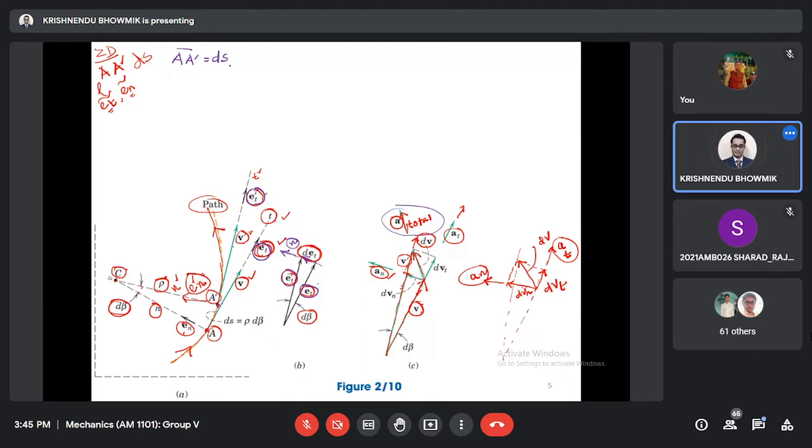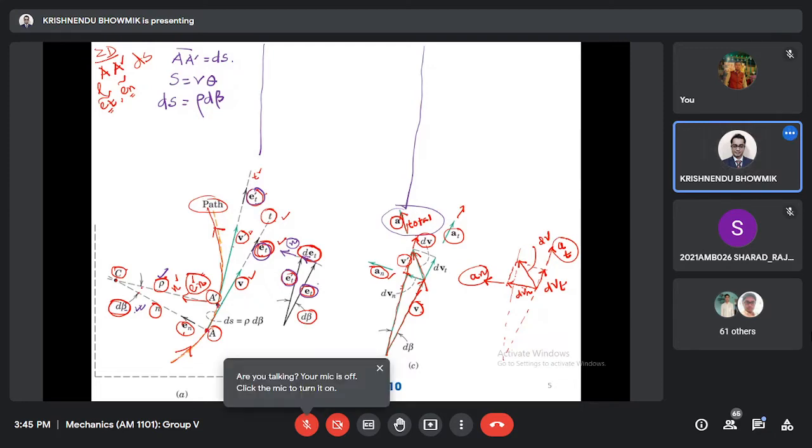We know A is equal to r theta, where theta is in radian and is a small value. In a similar way, we can write ds equal to rho d beta. Beta is small, d beta is very small, and beta is in radian.